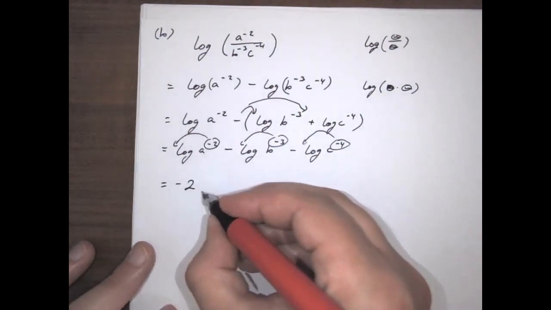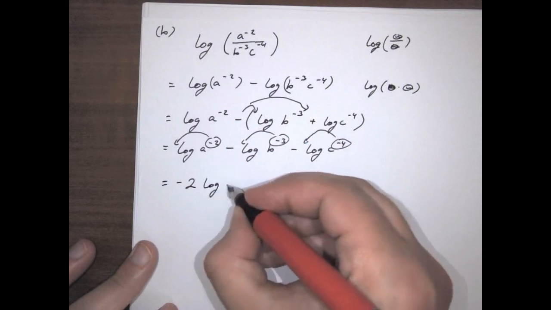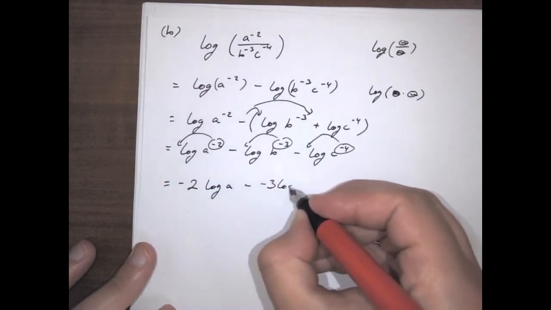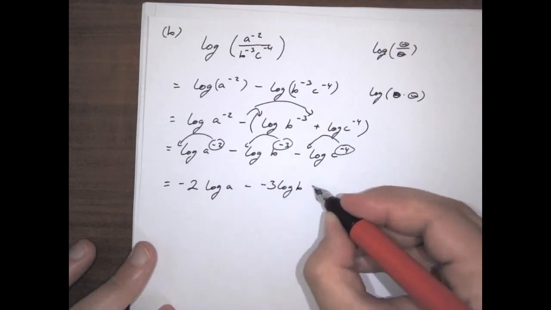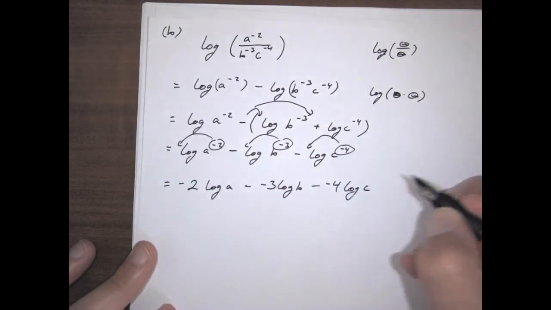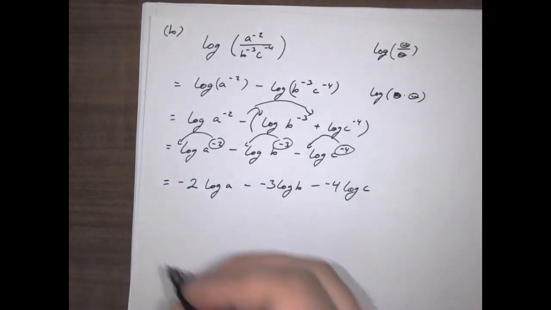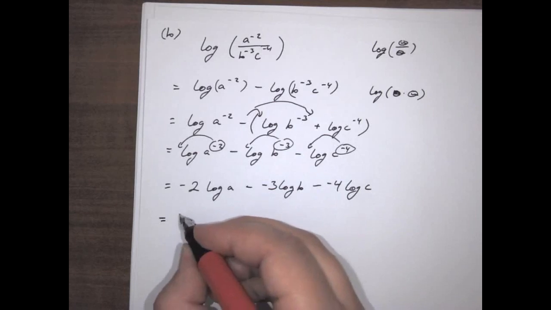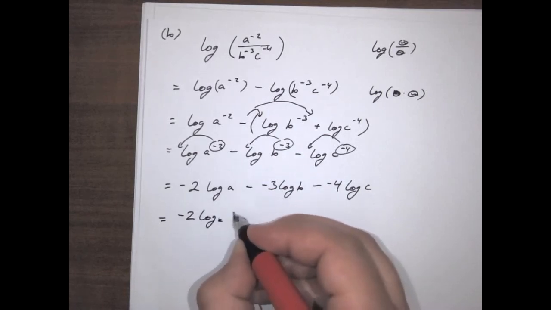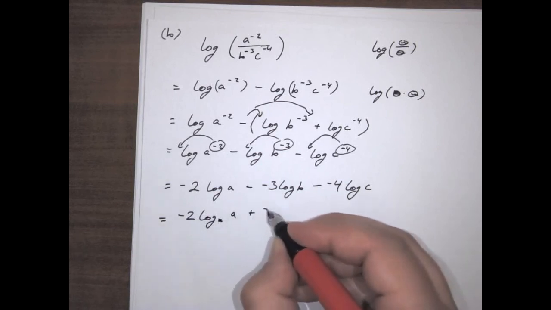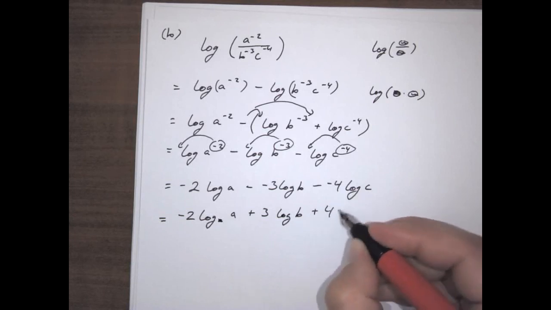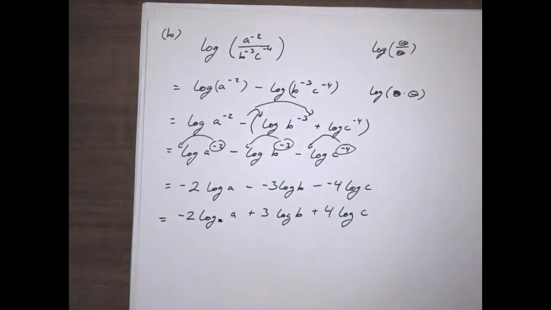So it's going to be negative 2 log A minus negative 3 log B minus negative 4 log C, which is then going to just be negative 2 log A plus 3 log B plus 4 log C.